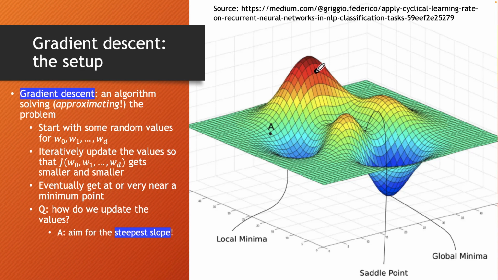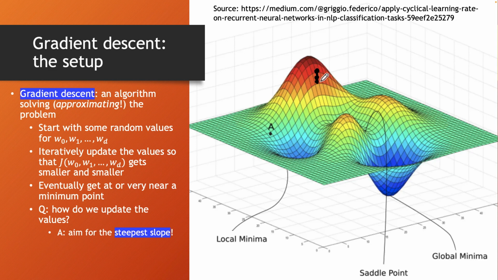And you might decide, for example, that here is your steepest descent, and the idea is that you're going to make a small step in this direction, updating your parameters along this direction of the steepest descent, and so your new parameters will bring you to this location of the loss function on this landscape.